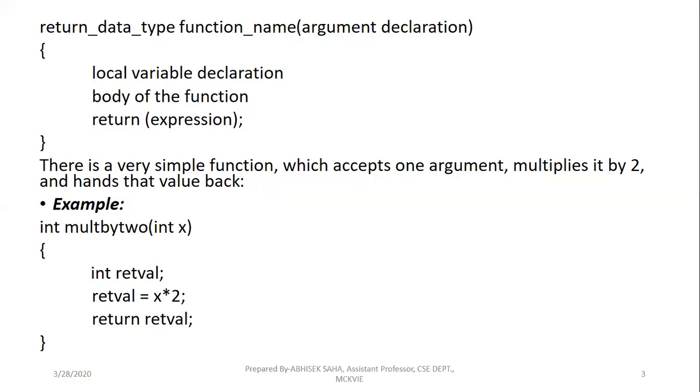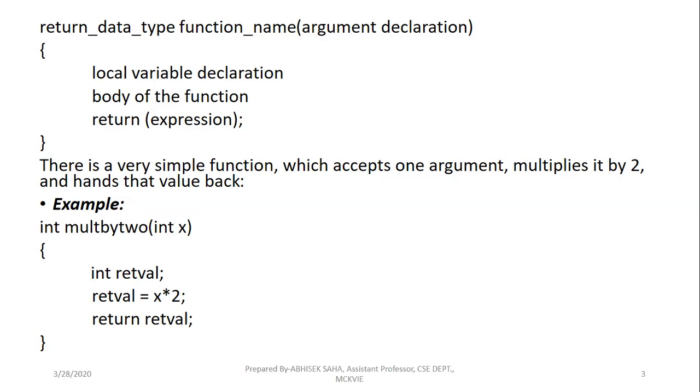Inside this, we have a local variable declaration, body of the function, and the return expression if it has one, because the return expression is not mandatory for all the functions.